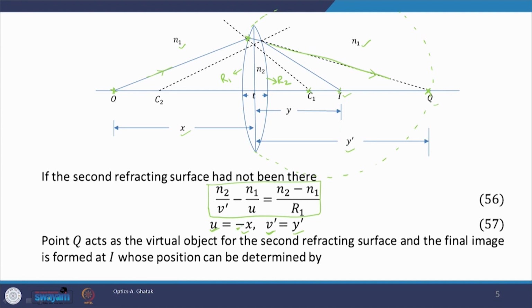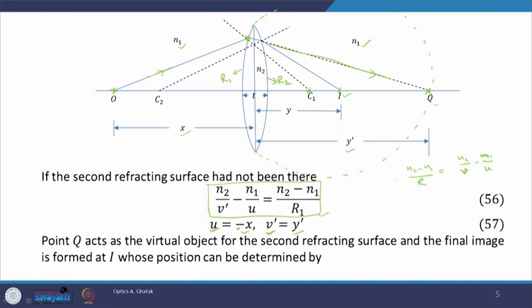Now, we will apply the derived result. The formula which we derived earlier was n2 by v minus n1 by u equals n2 minus n1 by R. Yes, this was the formula which we derived in our previous class.